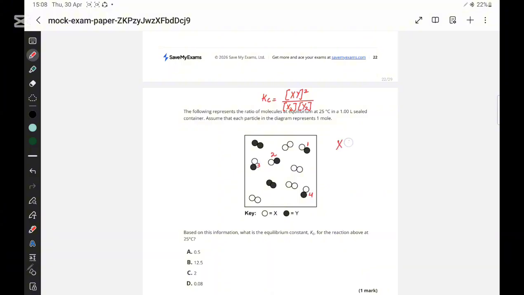So there are 4 XY. How many X2 are there? 1, 2, 3, 4. And how many Y2 are there? 1, 2. So it is going to be 4 squared over 4 times 2. That is 4 squared, and you cancel it, 2, 2. So Kc comes out to be 2. The answer is C.